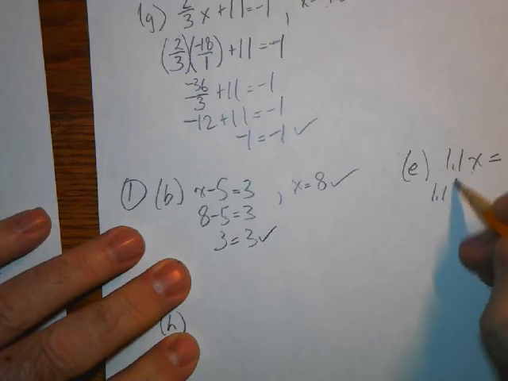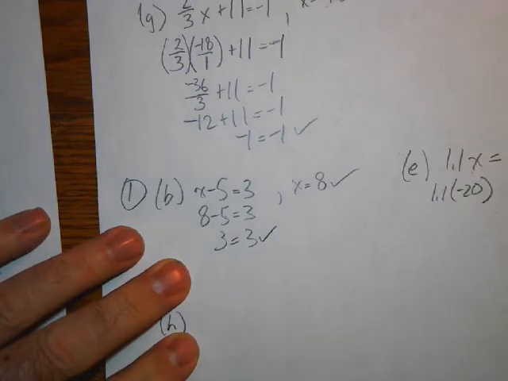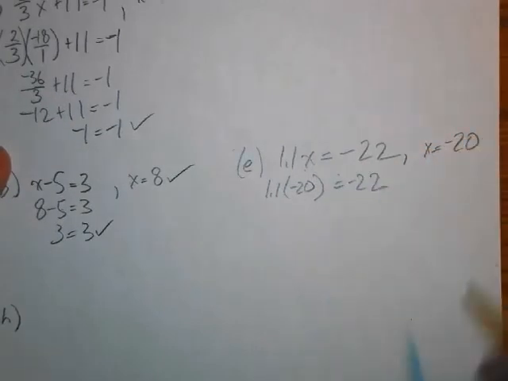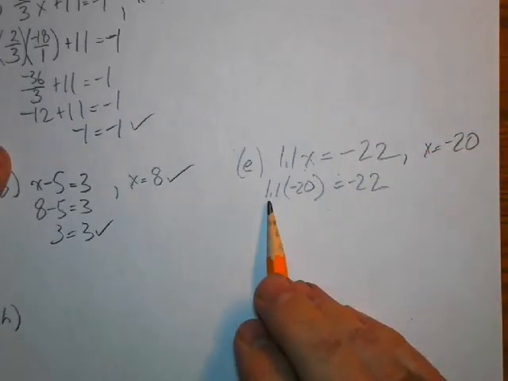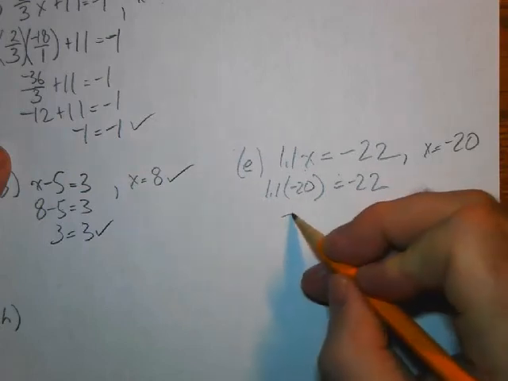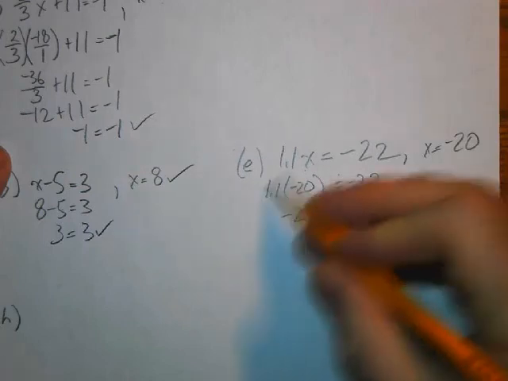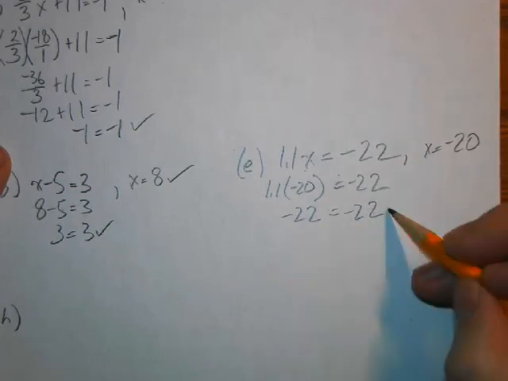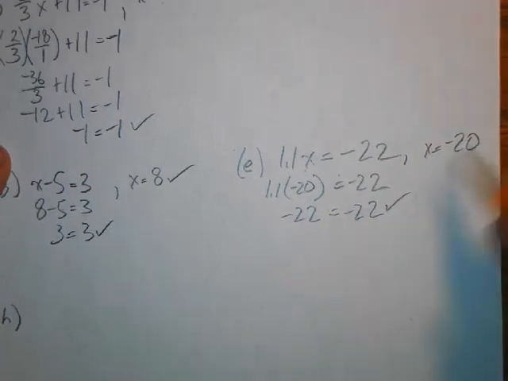So 1.1 times -20 is equal to -22. So when I multiply 1.1 with -20, I actually get -22. So I definitely used a calculator for that, and those two numbers are the same. Notice this time, every other case, I think, these numbers had nothing to do with the answer. It was just a fluke the first time.